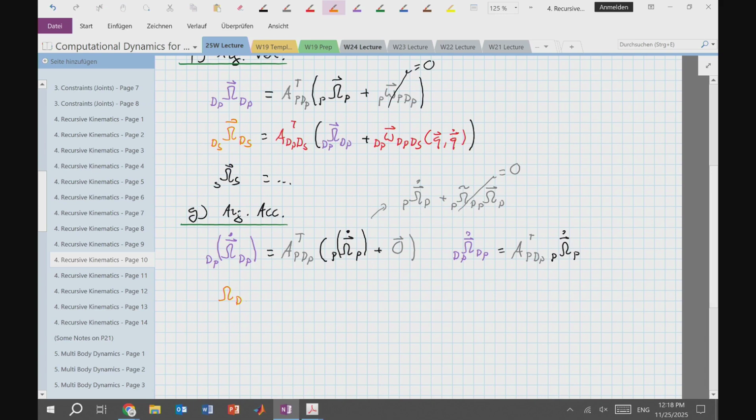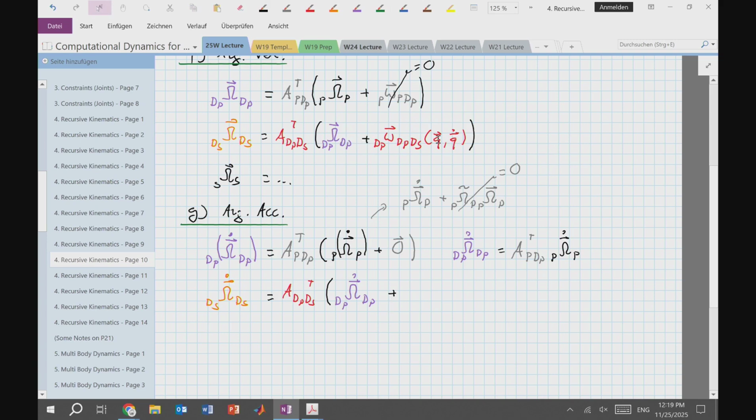I do the same now for the ds system, where we have the physical velocity, and now we have a dp ds transposed. And I have omega dp in dp coordinates, meant here as physical derivative written as a numerical derivative because they are the same. But now I need the derivative of this guy, right?